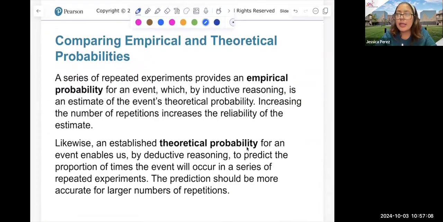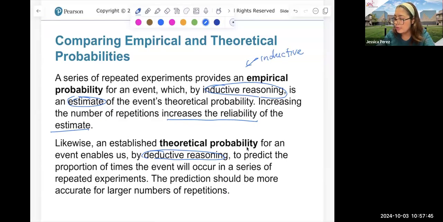A series of repeated experiments provides an empirical probability for an event, which by inductive reasoning is an estimate of the event's theoretical probability. When you increase the number of repetitions, it increases the reliability of the estimate. Likewise, an established theoretical probability for an event enables us to use deductive reasoning. One is using deductive, the other one is inductive. So empirical is inductive reasoning.